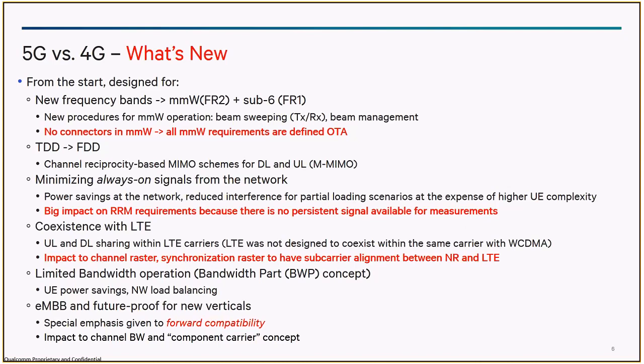For example, wider bandwidth would be a release 16 addition. So in FR1, you could do up to 400 megahertz in release 16. That emphasis on splitting the bandwidth into multiple bandwidth parts has been built in right from release 15, so that as you move further, there is a certain amount of forward compatibility on the UE side as well.